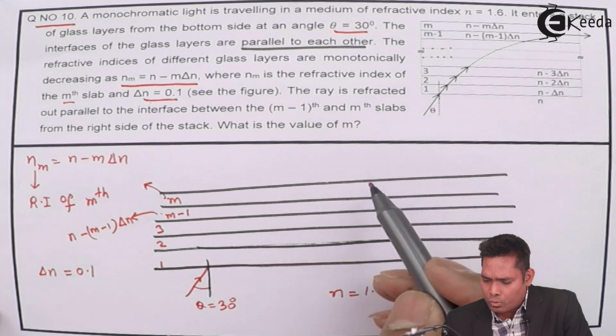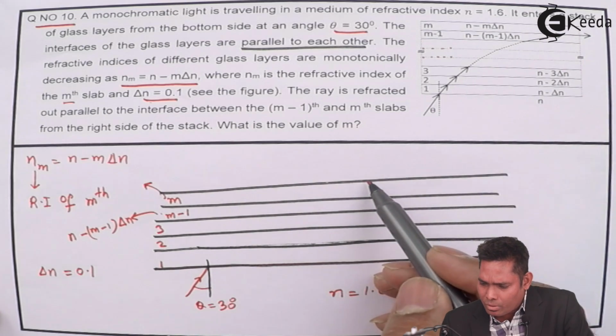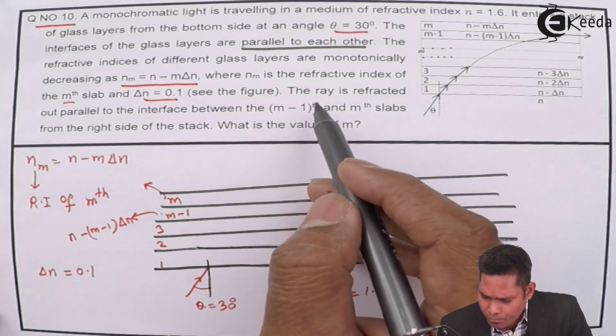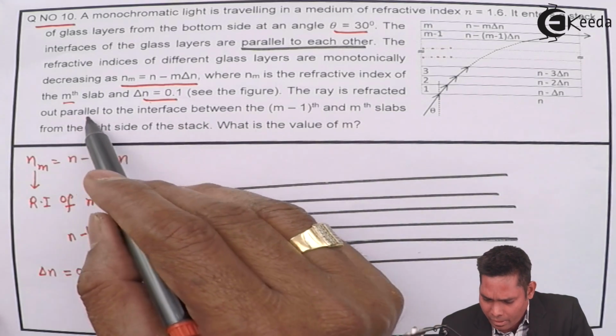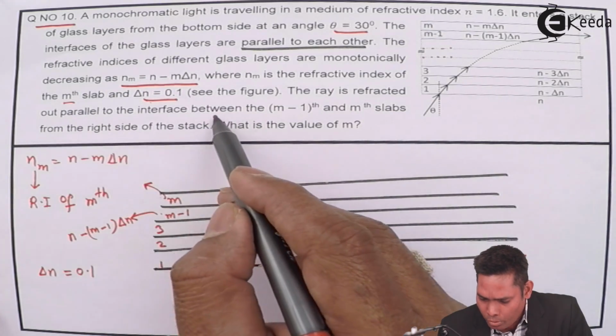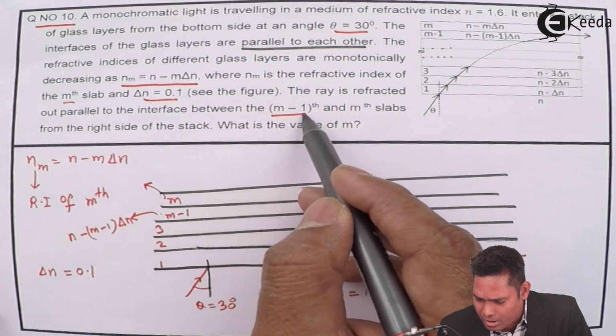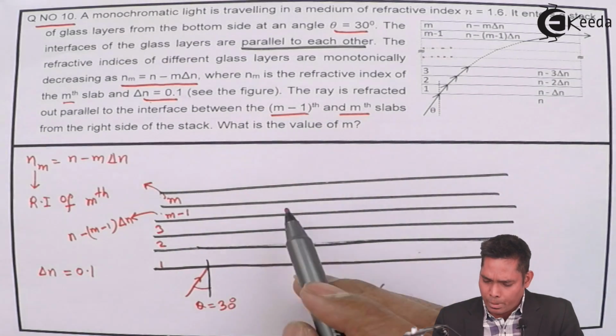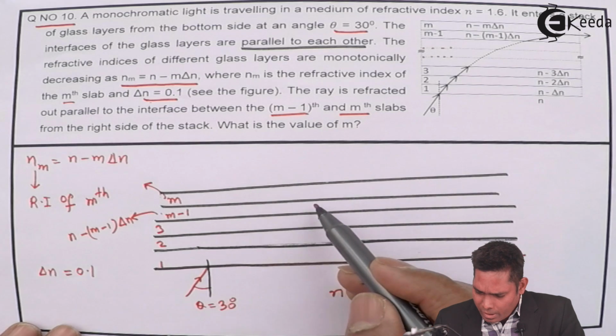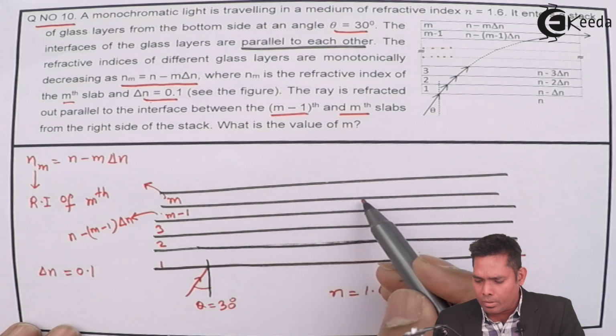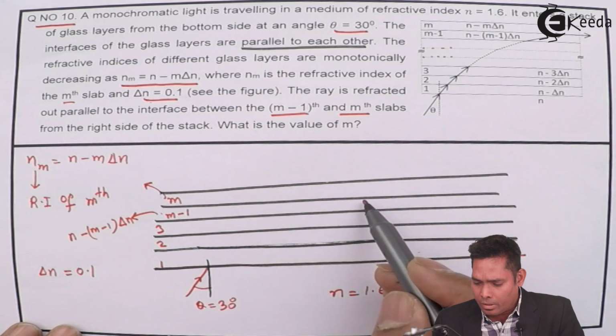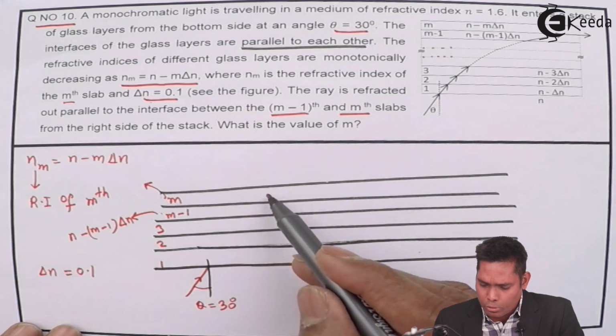So at this m, the ray is refracted out parallel to the interface between this and that. That means between these two there is a grazing of the surface.